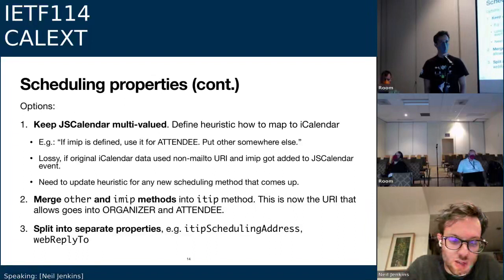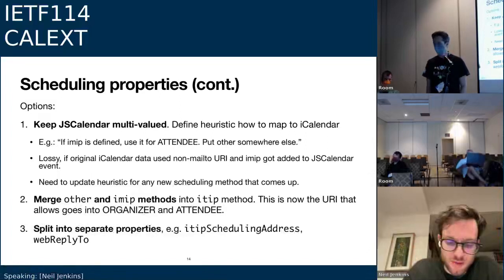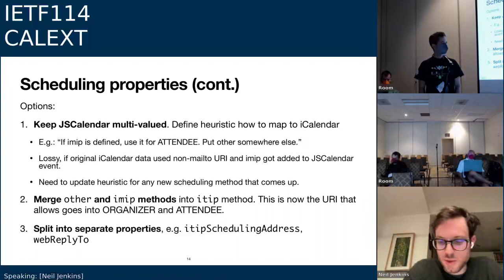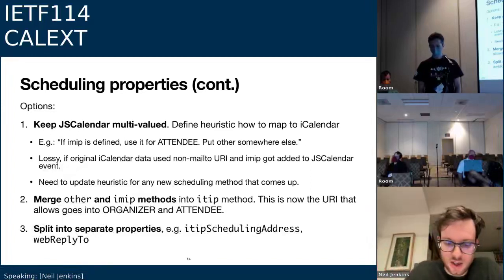So the JMAP spec can say that you can identify which participant is you by looking for a corresponding key value within the sendTo and the identity for that user. So it's saying this user, if you add this user to an event, here are the scheduling methods for it, and you just add that as a single property.